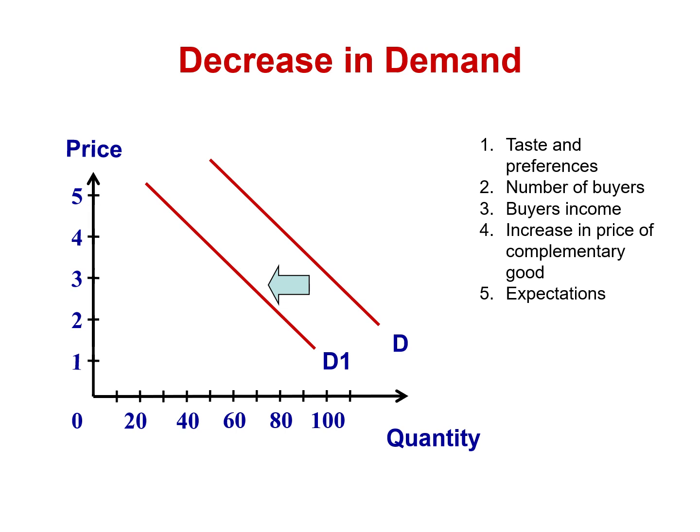Buyers' income, assuming that we're analyzing the market for a normal good, a decrease in buyers' income, a decrease in demand. And expectations that the price will be lower in the future, a decrease in demand now. Expectations that future income will decline, a decrease in demand now. And expectations that there'll be plenty of a good or a service available in the future, a decrease in demand now.